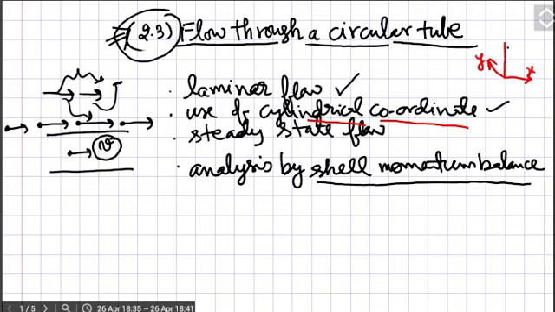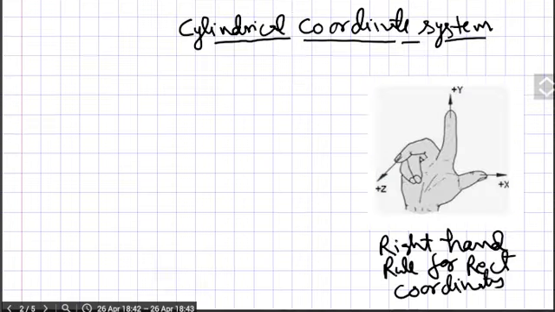These are rectangular coordinates, but when there is a pipe like this, it is actually a cylinder, and here it is very difficult to use rectangular coordinates. You can use them, but it will become very complicated. So here we use a different kind of coordinate system, and that is the cylindrical coordinate system.